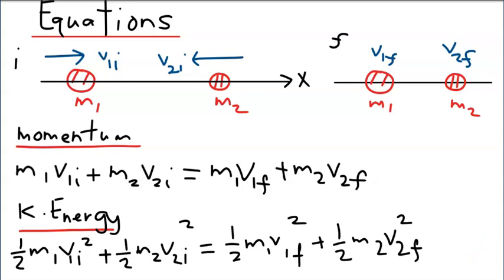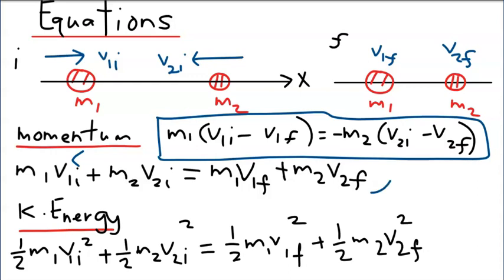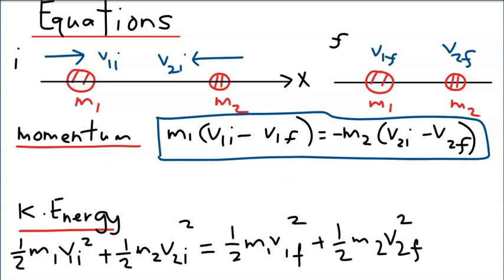Let's rearrange the terms in these two equations for later use. Now for conservation of momentum, we can move that term to this side and this term to that side and rewrite it as follows. So doing that will give you this equation derived from there. We can also manipulate the kinetic energy equation in the same way.